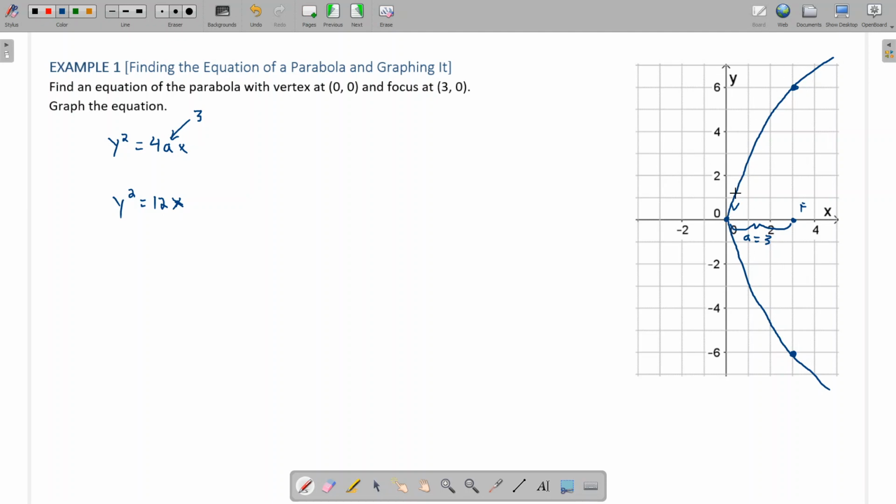But let's go ahead and write down some other information. For example, the directrix. The directrix is the same distance away from the focus as the focus is from the vertex. So we just need to go back 3 units and draw a vertical line down through here.